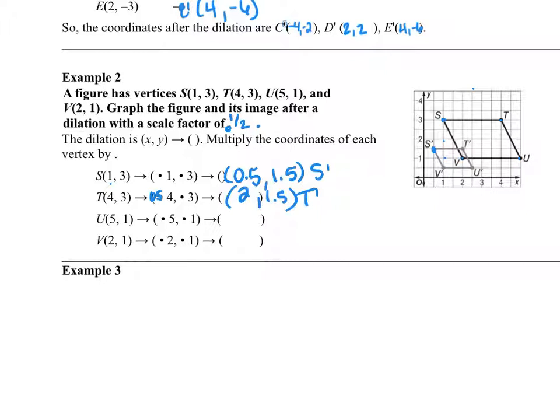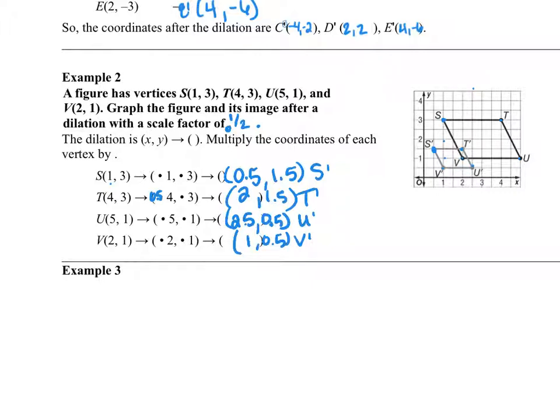Yeah, it's pretty simple sometimes. Okay? And then half of 5 is 2.5, half of 1 is 0.5. So that's U prime. And then 1 and 0.5 is V prime. And they've labeled these points already on there for you, okay? And connected them. Do you see where they got all those?